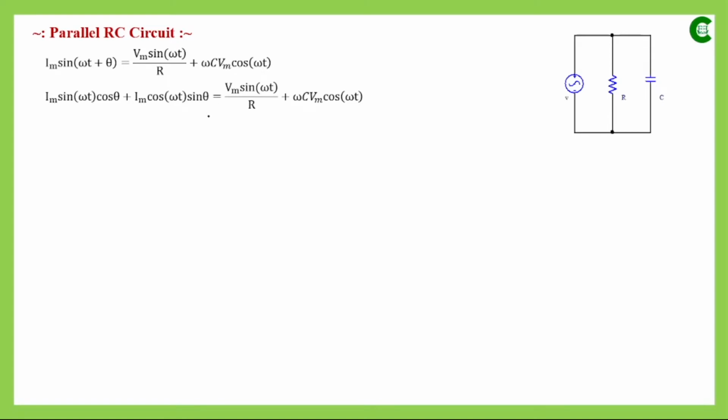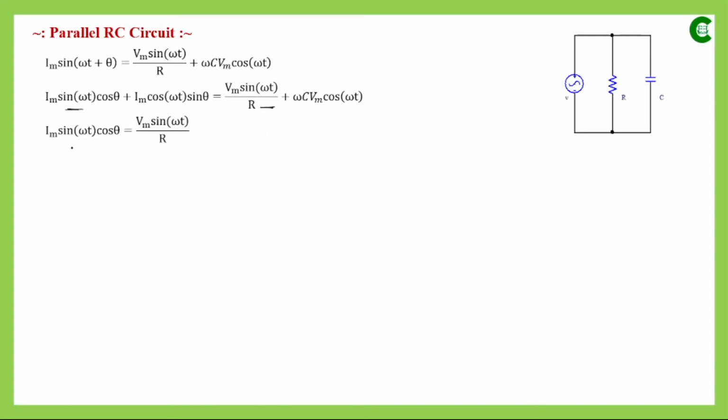Now we have already seen several times in other circuits that next we will equate the coefficients of like terms. In this equation we have sine omega t on both sides, so first we will equate the coefficients of the sine omega t like term.